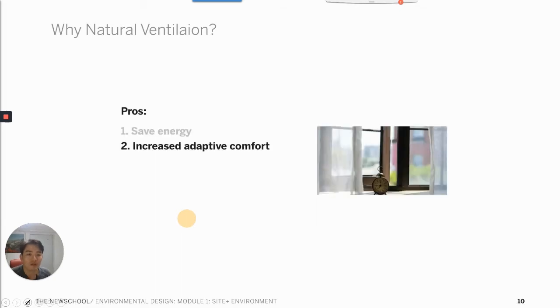The second benefit is increased adaptive comfort. In other words, occupants of a building prefer to have control over their environment and prefer not to be completely isolated from the exterior environment. Let's say you are standing in front of an open window.